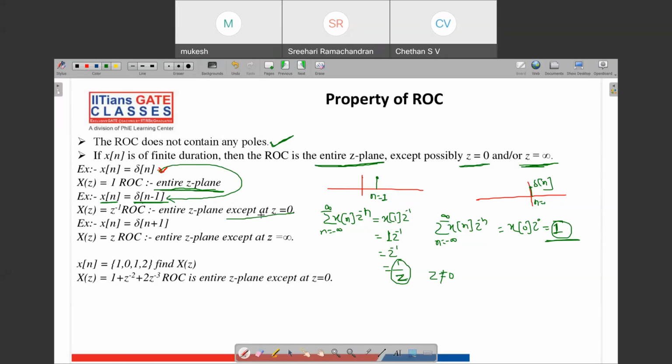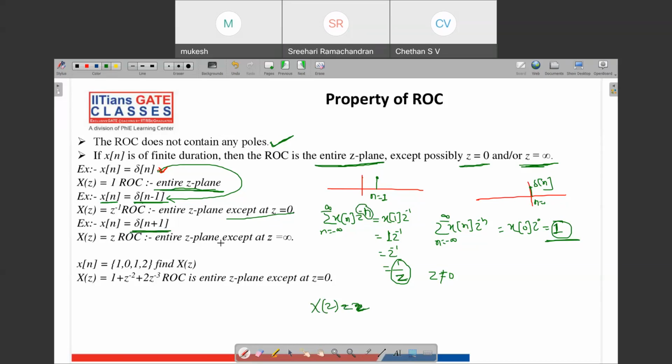Now let's check the third case where your impulse is located at n equal to minus 1. In the first case it was n equal to 0, in the second case n equal to 1, and in the third case I have taken n equal to minus 1. If you calculate the Z transform, it will be equal to z, because once you replace n with minus 1, you get just z.